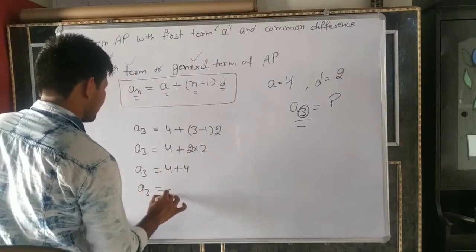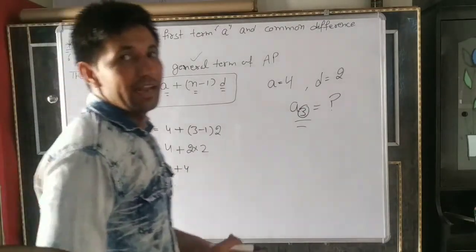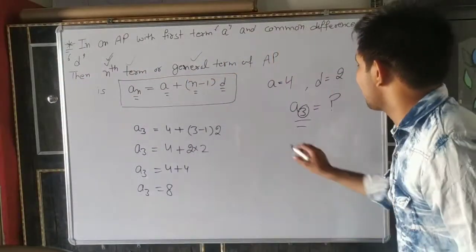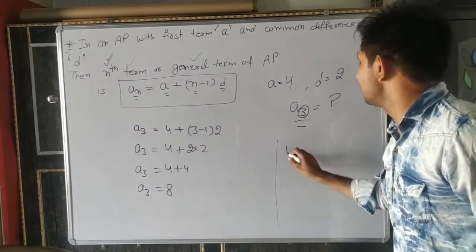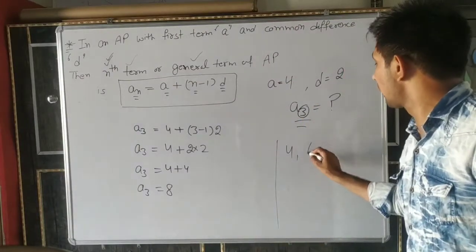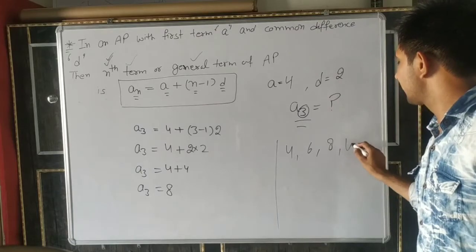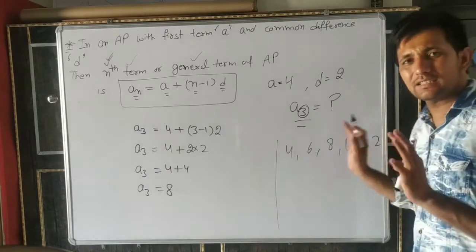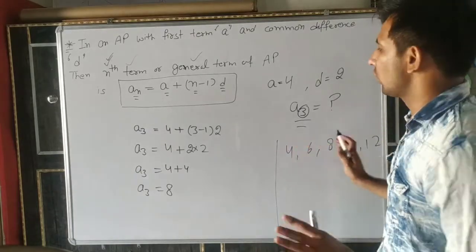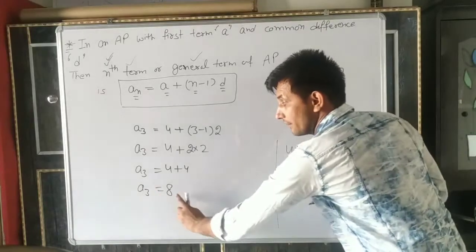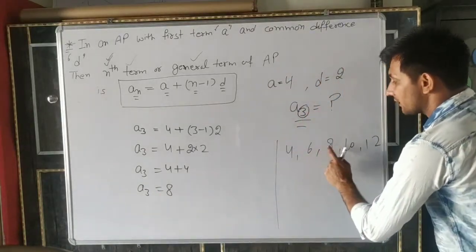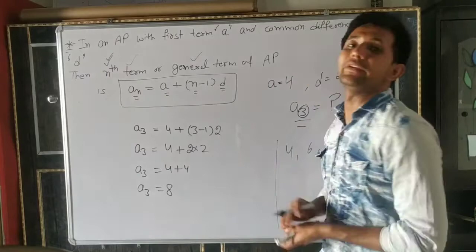So the third term is 8. Otherwise you can write directly: first term is 4, D is 2, so 4, 6, 8, 10, 12. It is just an example dear, don't be confused. First term, second term, third term is 8.